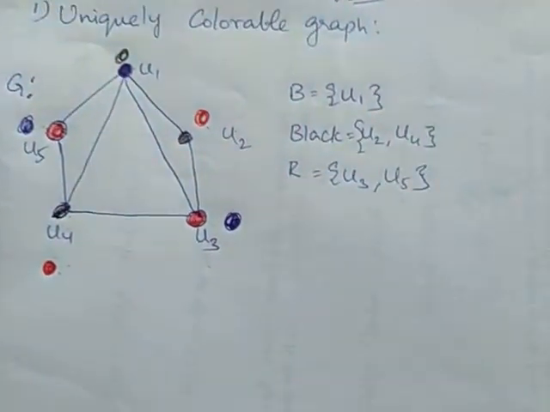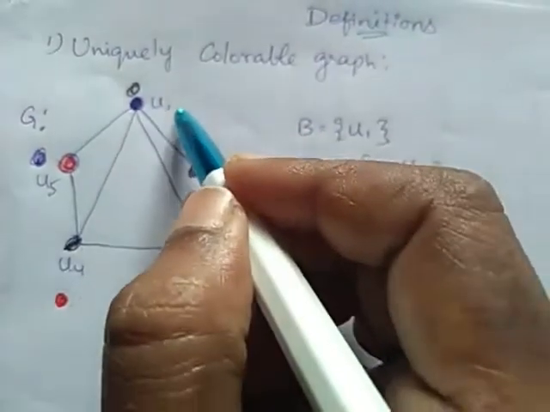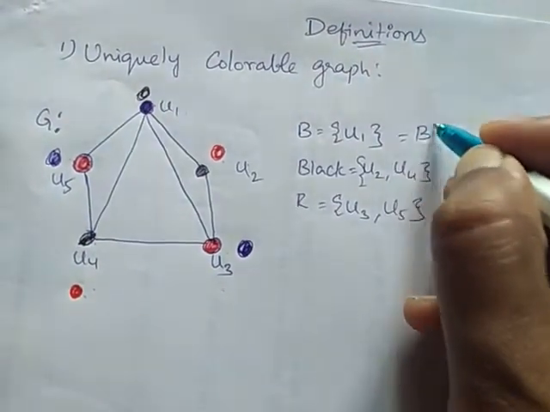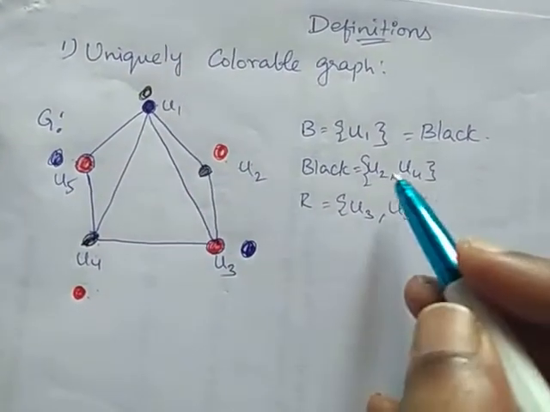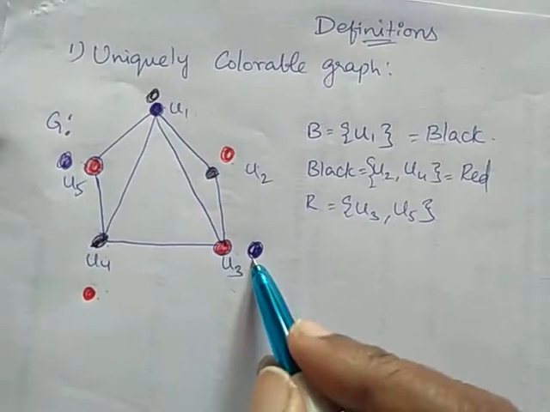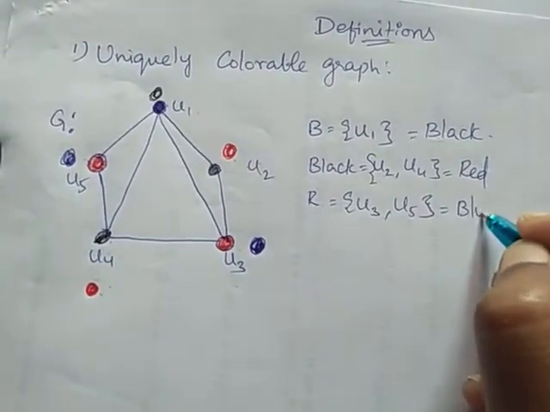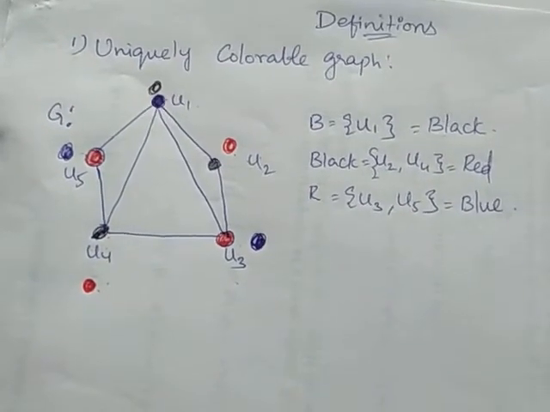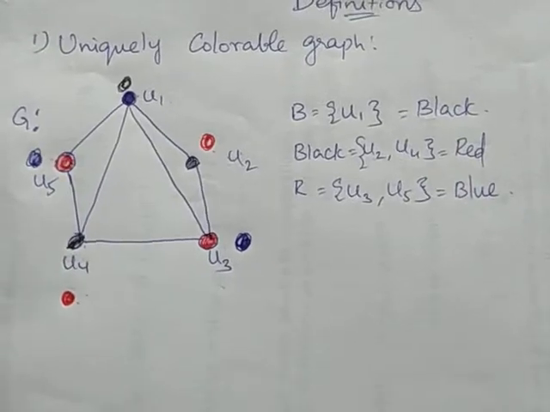Now if we check this second category, U1 is black, U2 and U4 are red, U3 and U5 are blue. Right?